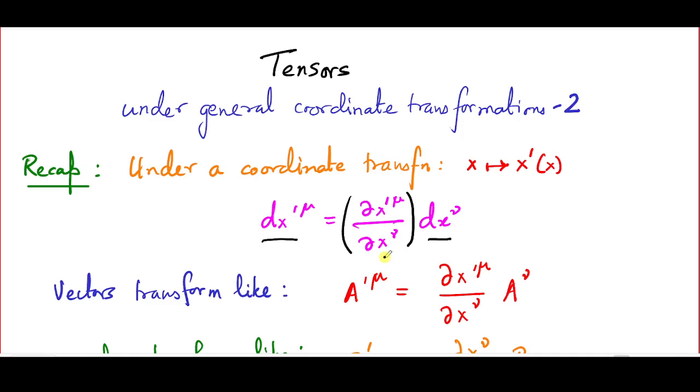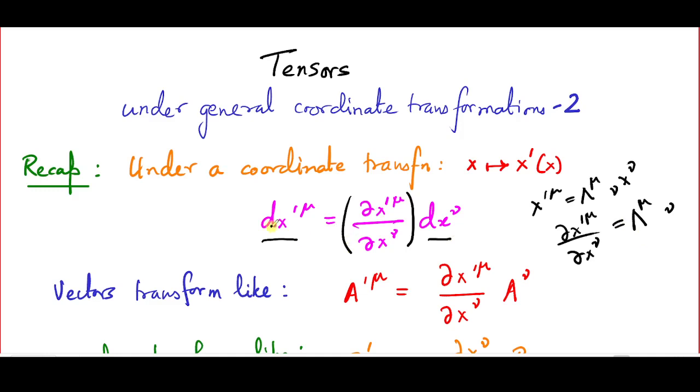For a linear coordinate transformation, these same coefficients would have just been constants, same at all places. If you had x prime mu equals lambda mu nu x nu, then these del x prime mu by del x nu's would have simply been lambda mu nu. Same no matter what x's you are talking about.